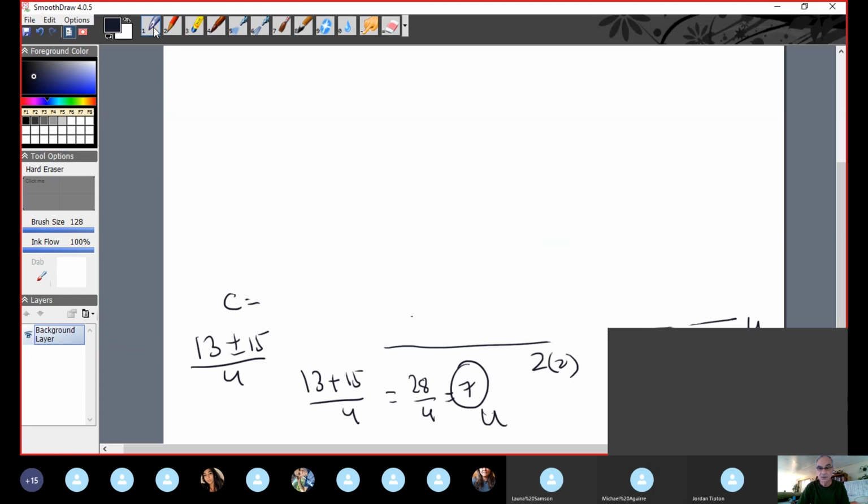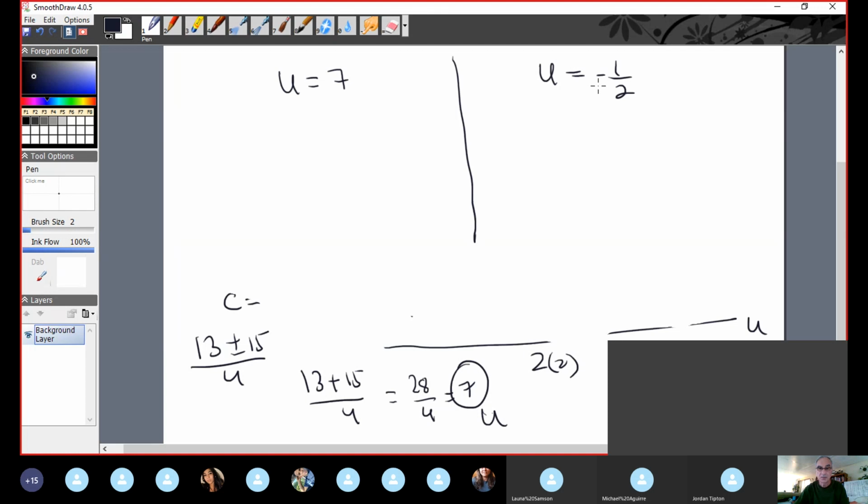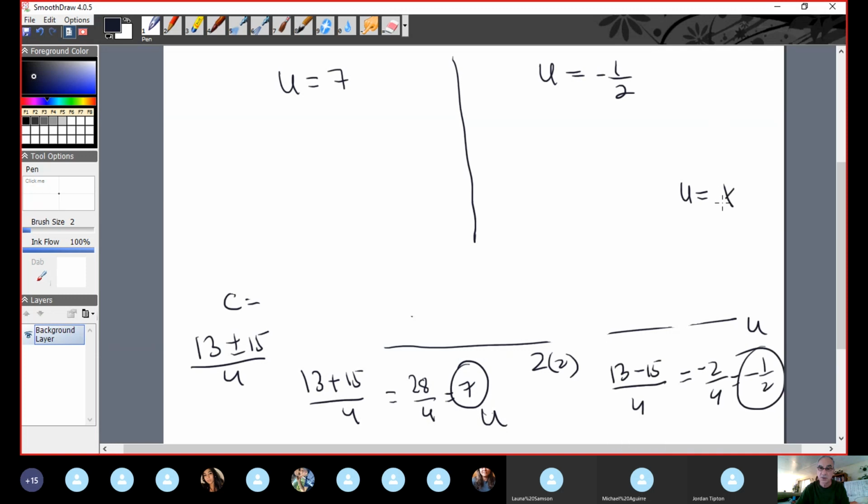Okay, u is 7 and u is -1/2. But who is u? Remember, u was, I erased it unfortunately, x to the 1/4. This is the definition for u that allows us to simplify the equation. So this is x to the 1/4 equals 7, and this is x to the 1/4 equals -1/2.